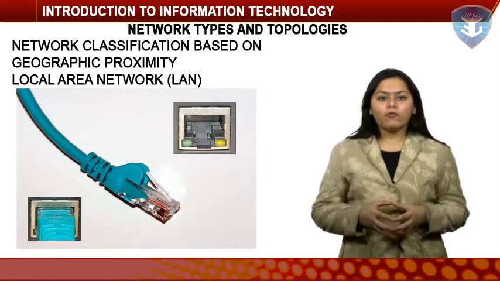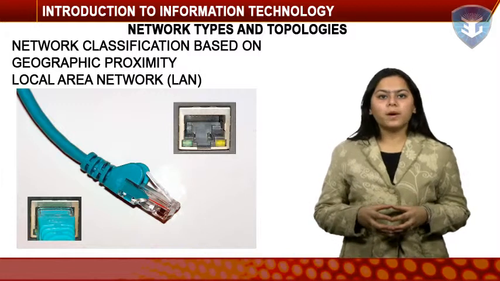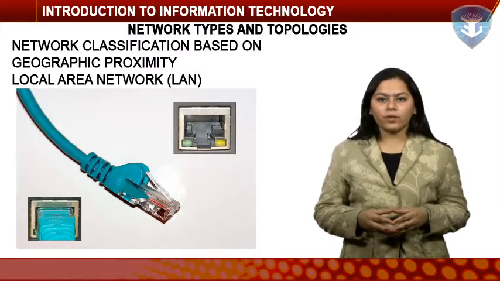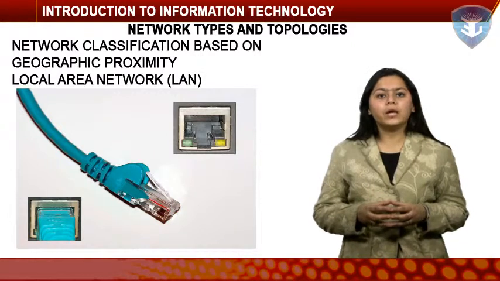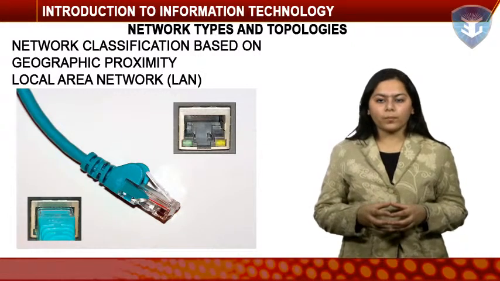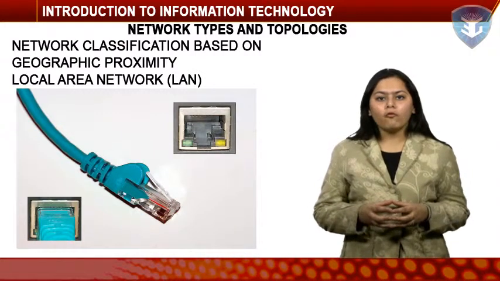It can have, for example, multiple floors, but they would all be connected by a network medium in some way. It could also be multiple buildings and they could be interconnected in some way. We could have several buildings like a campus, for example.